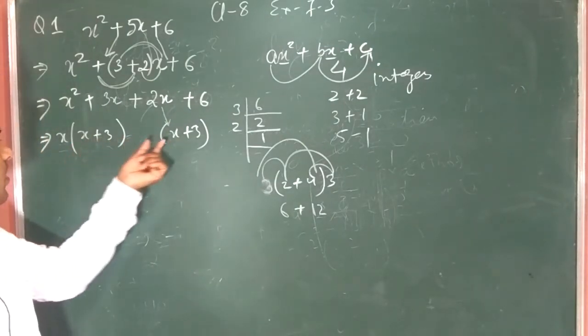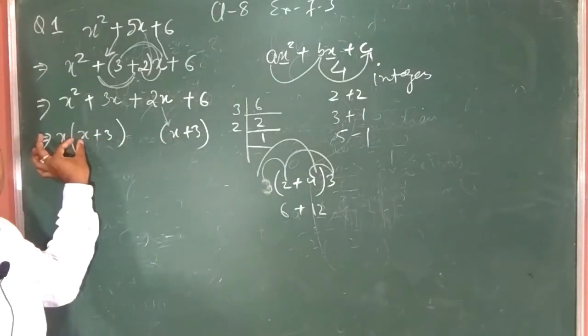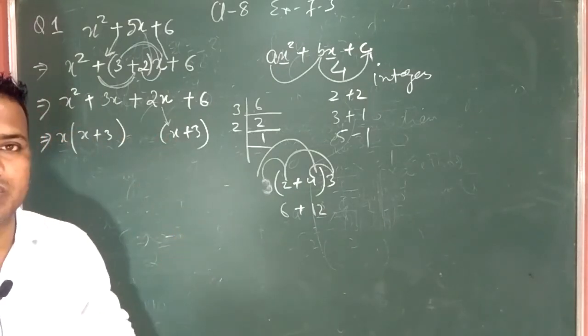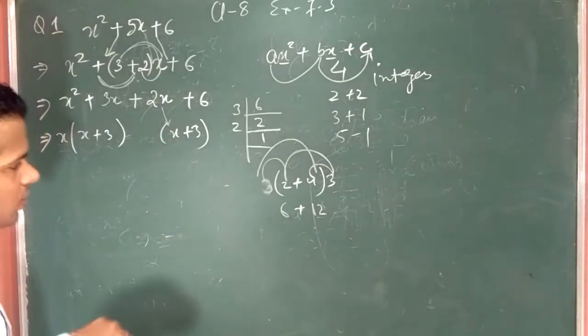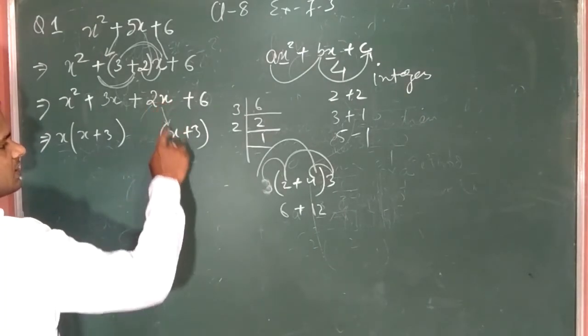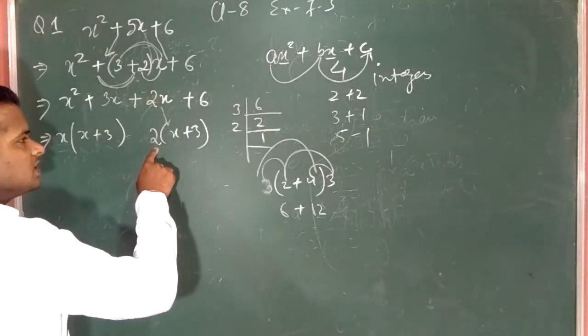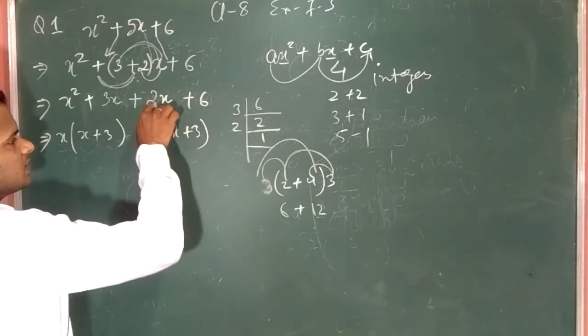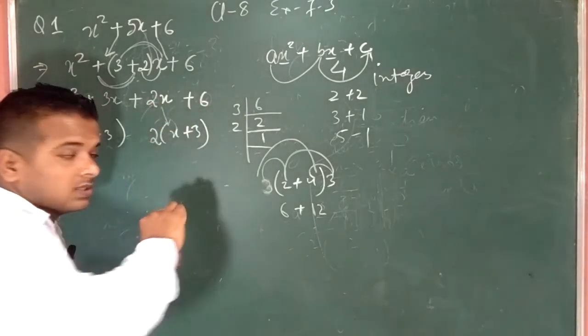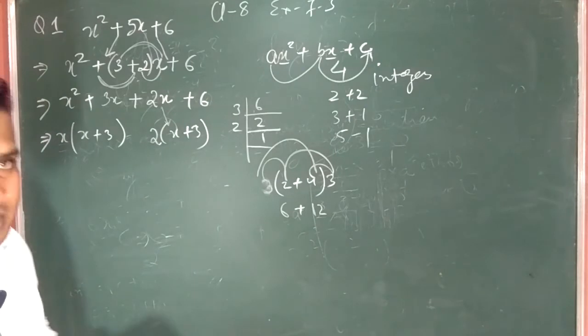But if you write 2 here, then here also you need to write 2. Inside the bracket we cannot do anything, so we will do it outside. As soon as you write 2, you will find 6 also, because 2 into x, 2x, and 2 into 3, 6. If your process is correct.